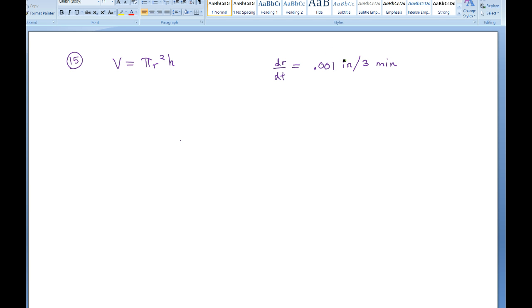It would basically just be dividing it to get it per minute. Was it increasing or decreasing? Increasing. So how rapidly is the cylinder volume increasing when the diameter is 3.8 inches? 0.0003.